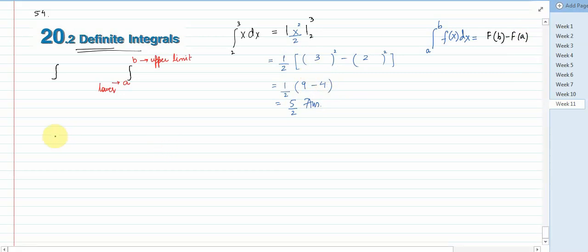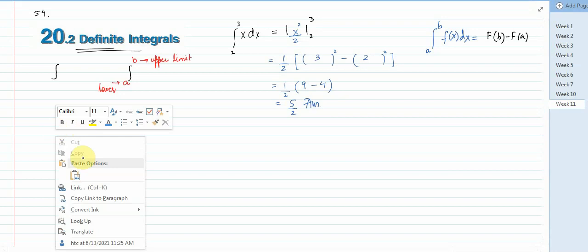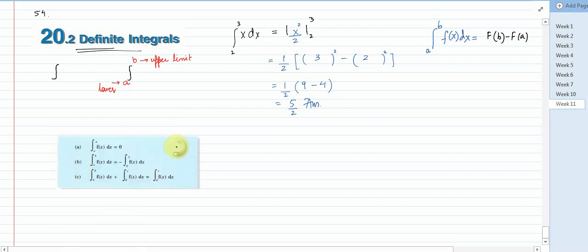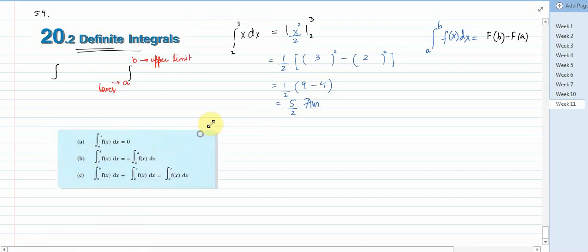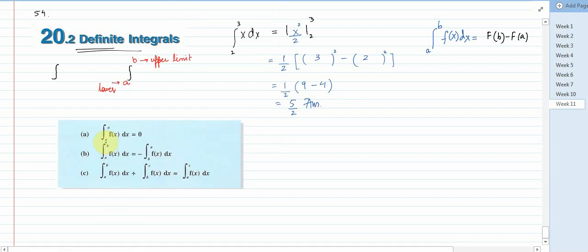Now there are some important rules, or identities, of definite integrals. If the lower limit and the upper limit are the same, then the integration answer will be 0. If it's from a to b, then with the replacement of the opposite sign it will be from b to a; you can observe that from a to b and from b to a differ by a negative sign, so these two are equal.